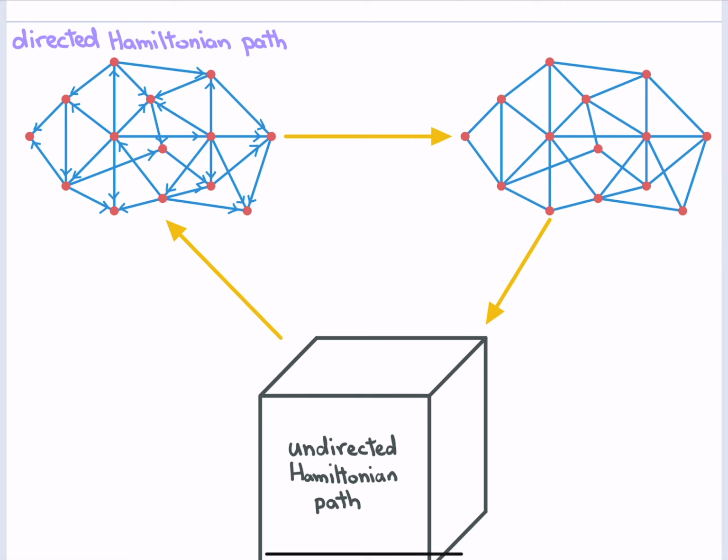Okay. So any ideas? How do I transform a directed graph to an undirected graph? The main issue is I can't remember directions in an undirected graph.